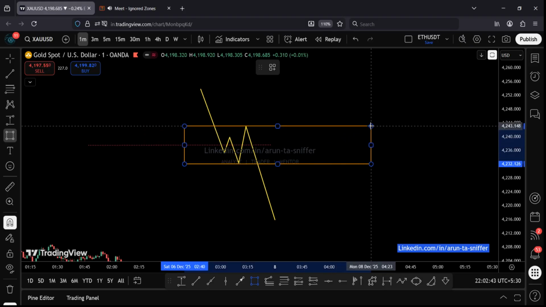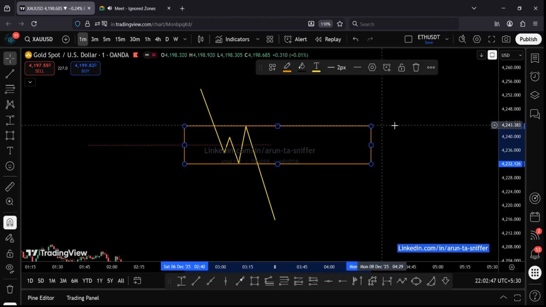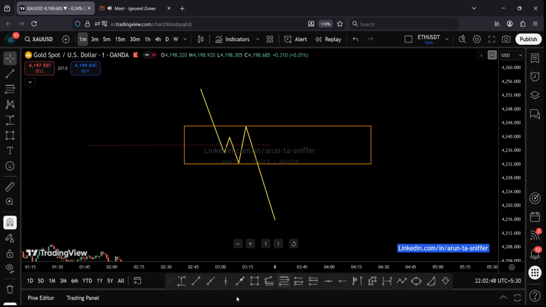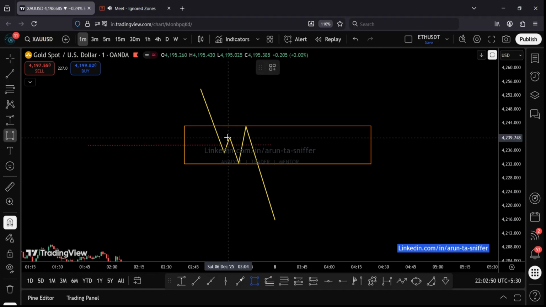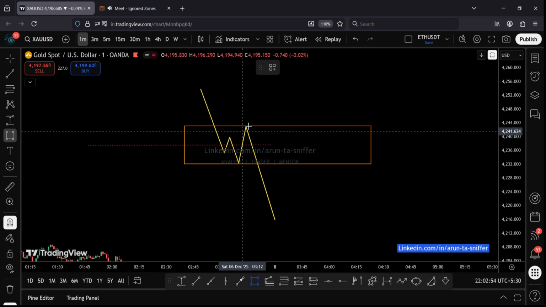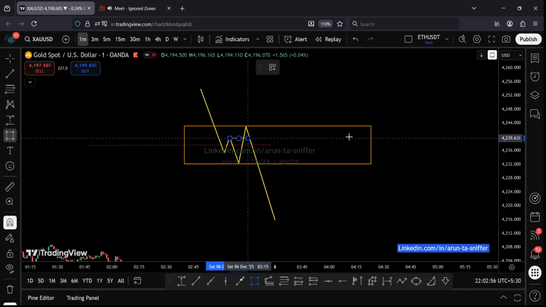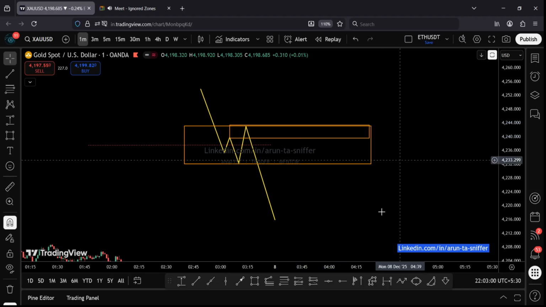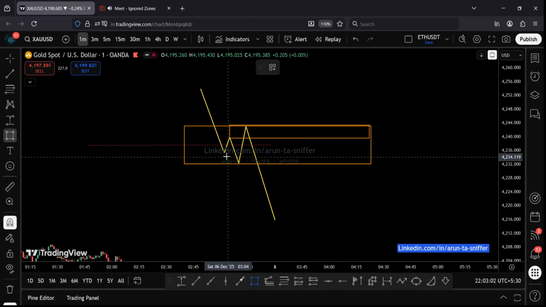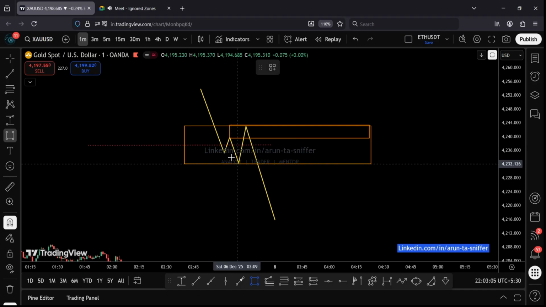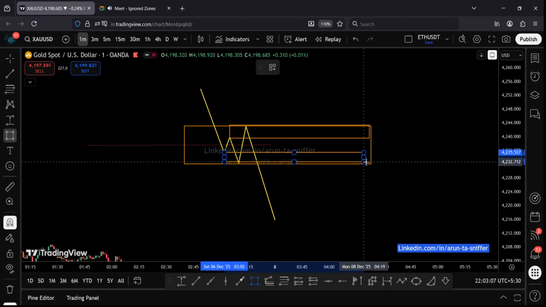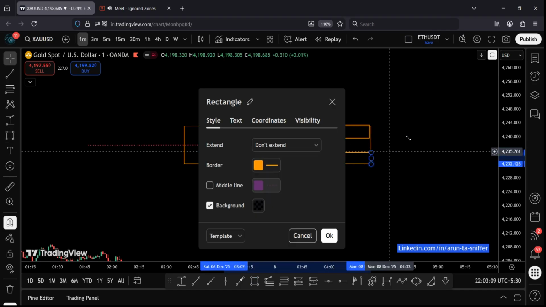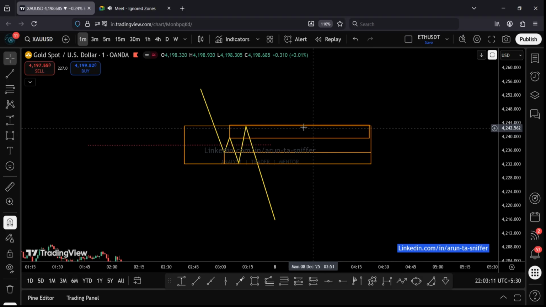Measure the zone. In this case, our MPL will be here: the distance from the top of this to the top of this. And our RS will be from the bottom of this to the bottom of this.